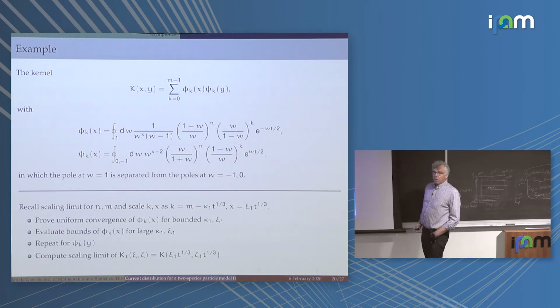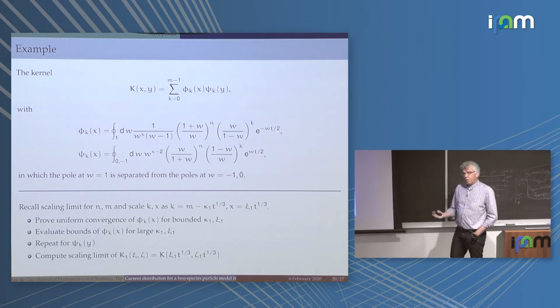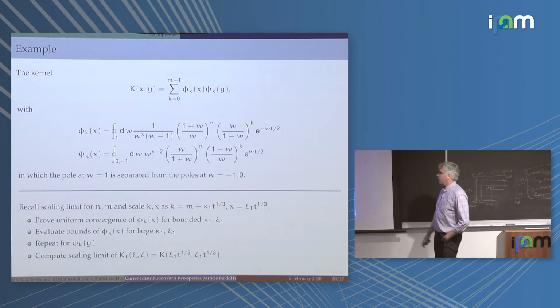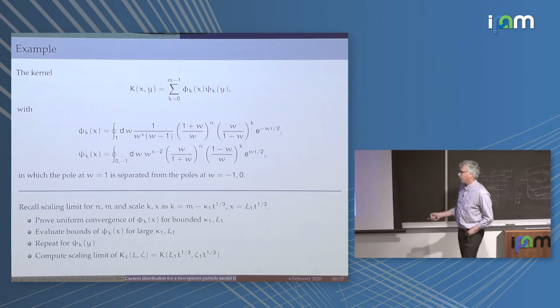That steepest descent calculation is somewhat advanced, but a straightforward technical calculation. What you also need to do now is show that these converge uniformly for bounded values of these coefficients kappa 1 and psi 1 that appear in the scaling ansatz.